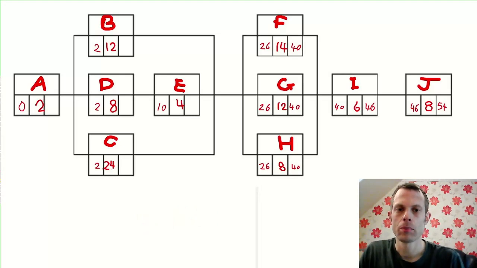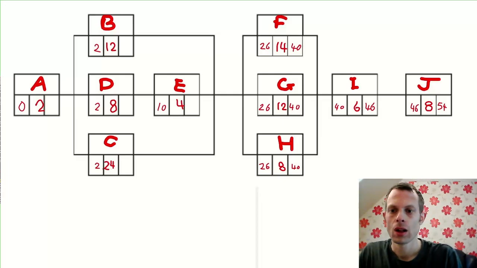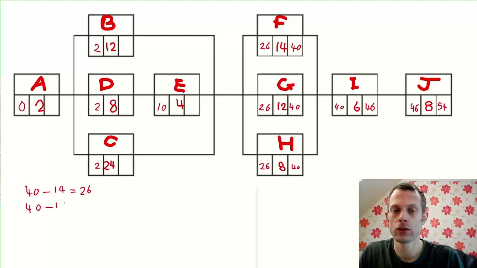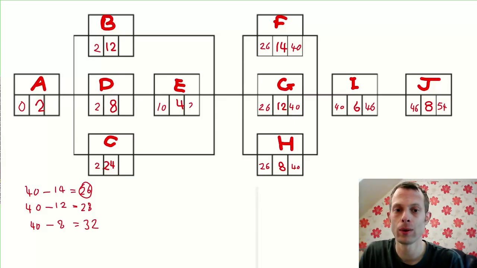Now it gets slightly more complicated because we have multiple possibilities to check. Task F has to start by 26 hours, otherwise the project will be delayed. Task G has to start by 28 hours, and task H has to start by 32 hours.